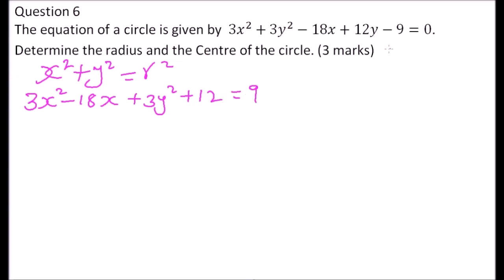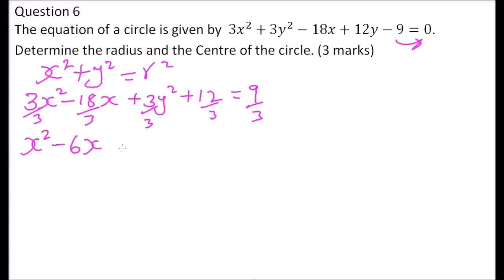We take 9 to the other side, it becomes positive. Let's divide throughout by 3 so that we simplify our equation. So our equation now is x squared minus 6x.